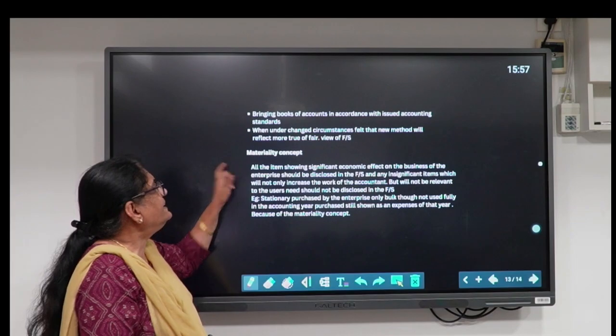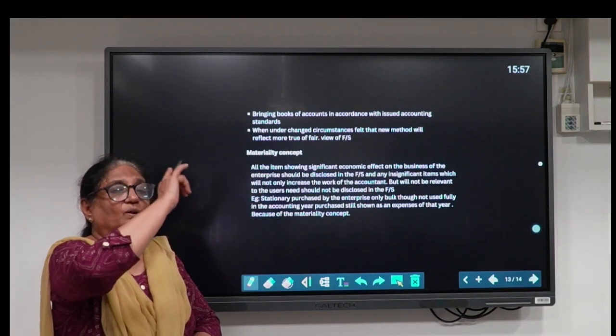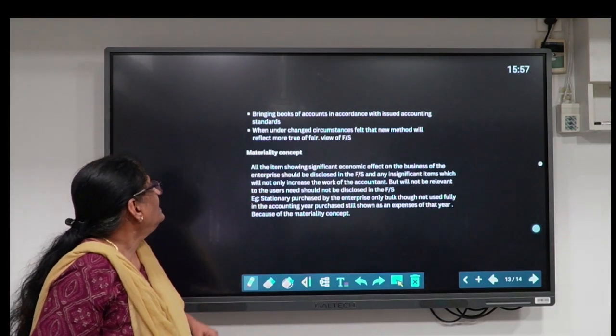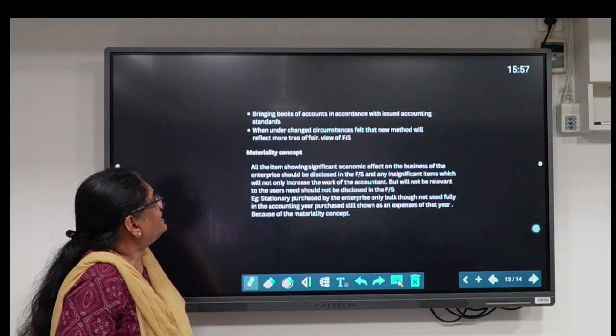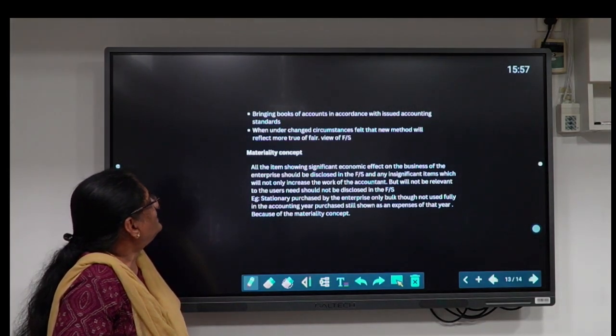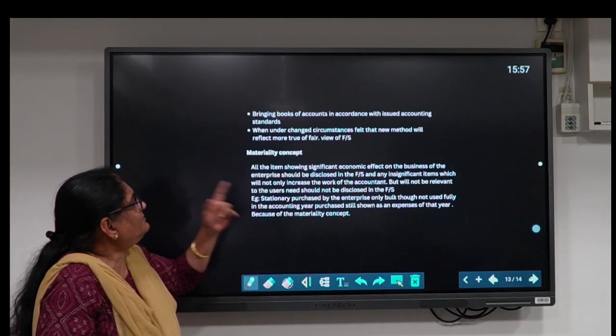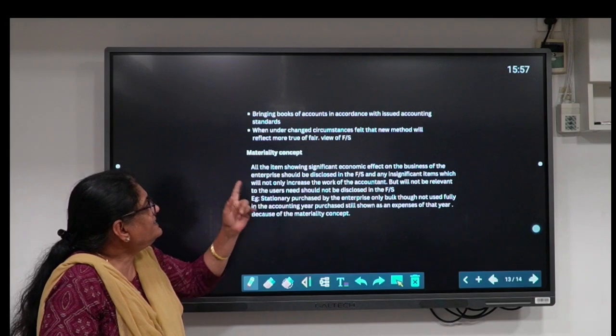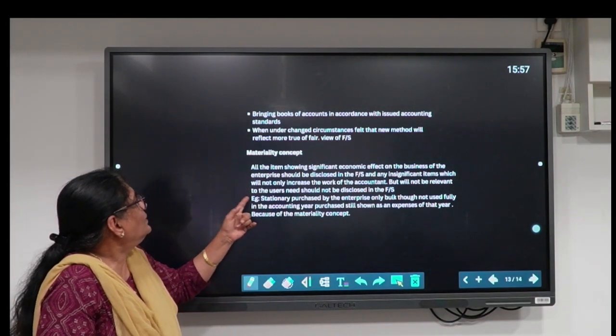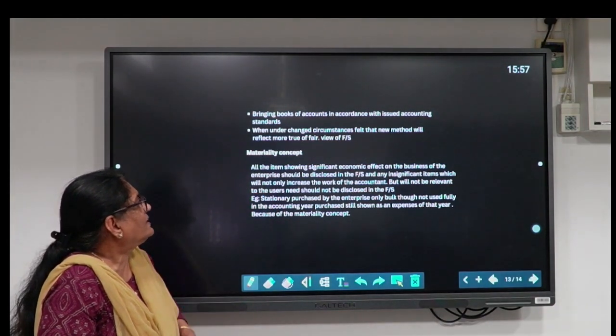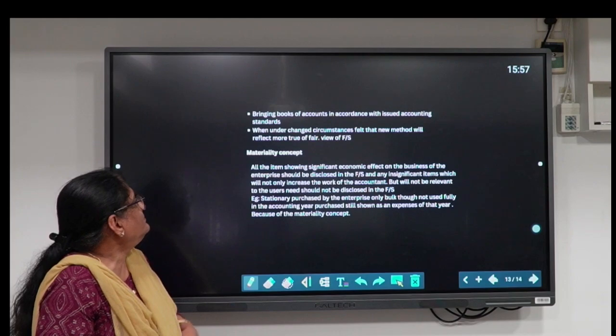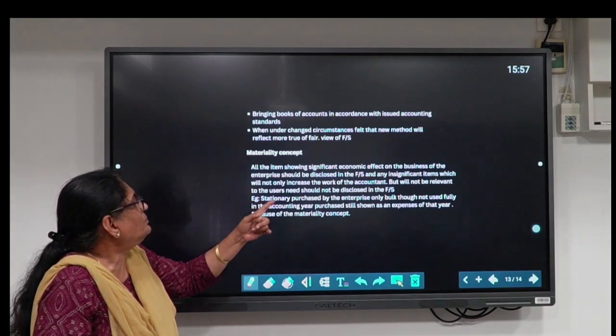Now see the materiality concept. Full disclosure. All the items showing significant economic effect on the basis of the enterprise should be disclosed in the financial statement, and any insignificant item which will not only increase the work of the accountant but will not be relevant to the user need should not be disclosed.